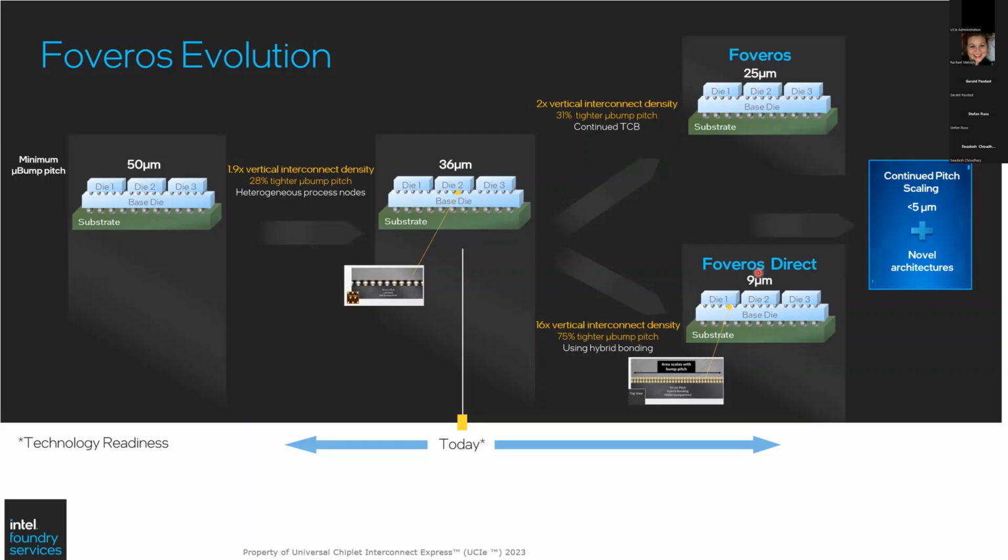And Foveros Direct, which uses hybrid bonding, is expected to have a 9 micron bump pitch and continuing, in the future, to less than 5 microns hybrid bond pitch. You also notice the increase in the vertical interconnect density over time that will enable very interesting partitioning options in the coming years.